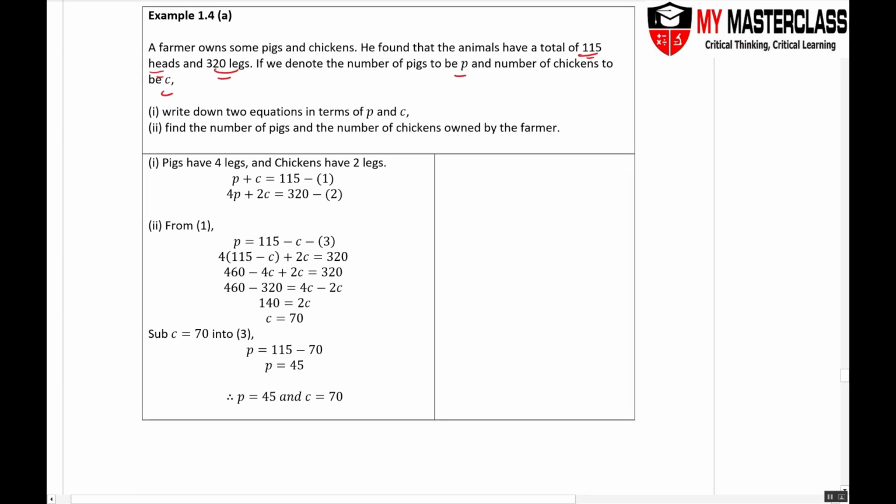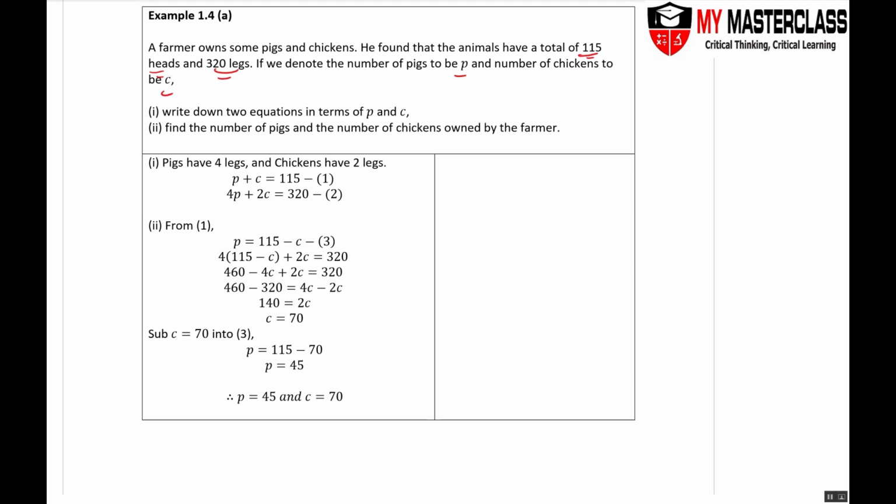From there, whether you want to solve it using the elimination method or the substitution method, both are fine. You will get the same answer. In this scenario, they use the substitution method, where they found P in terms of C, bringing over the variable C to form equation 3.